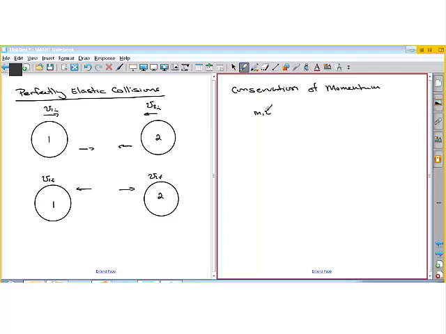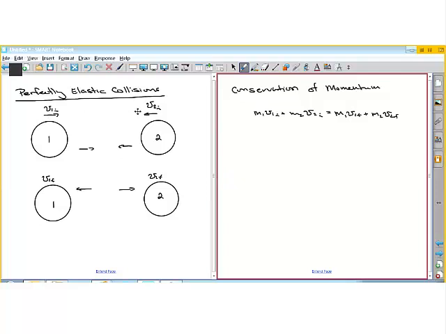So you have M1 V1 initial plus M2 V2 initial. That's our initial momentum. And if this is going from right to left, then this is going to be a negative quantity. And then you have M1 V1 final plus M2 V2 final. So that's conservation of momentum.